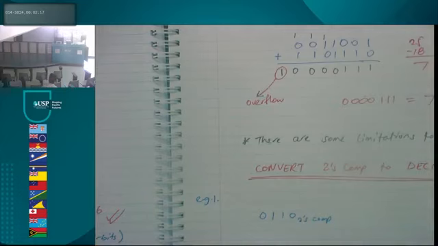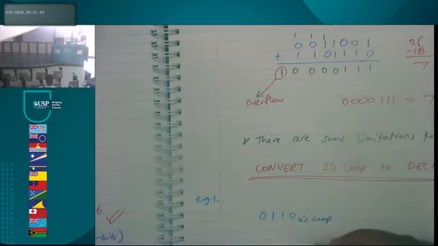Now, to start off with, we don't really know. The rules for going from a negative decimal number to 2's complement were very straightforward. But going the other way around, there are some hiccups. What are the hiccups? Let's try and reverse whatever we did early on.